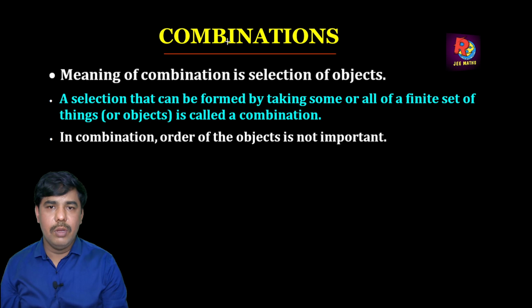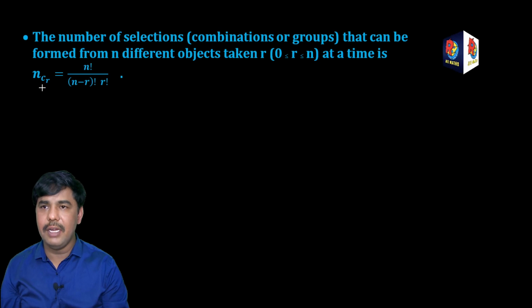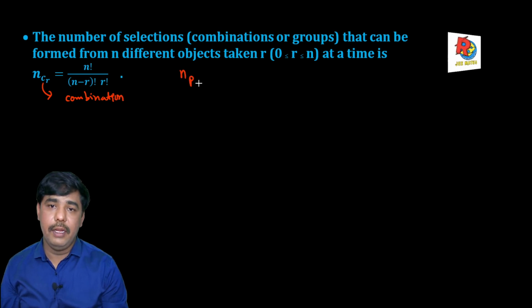And here you need to observe that if there are n objects and you want to select r objects, then it will be written as nCr. Here C stands for combination. And in nPr, P stands for permutation. That one you need to remember.